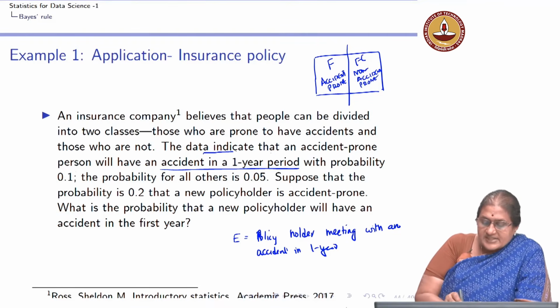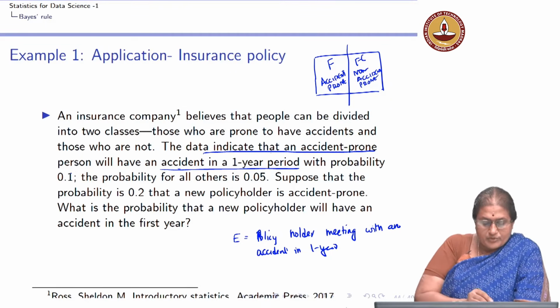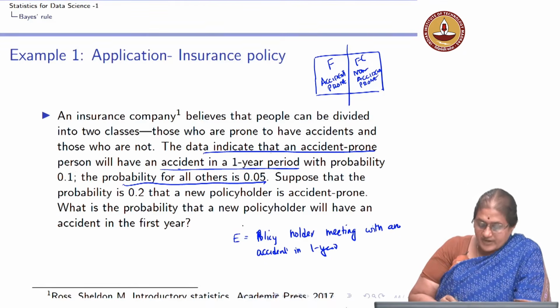Now, what does this indicate? An accident prone person will have an accident with probability 0.1, whereas the probability for all others is 0.05.